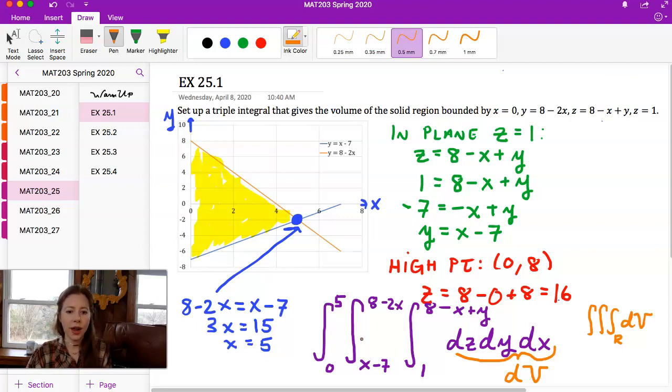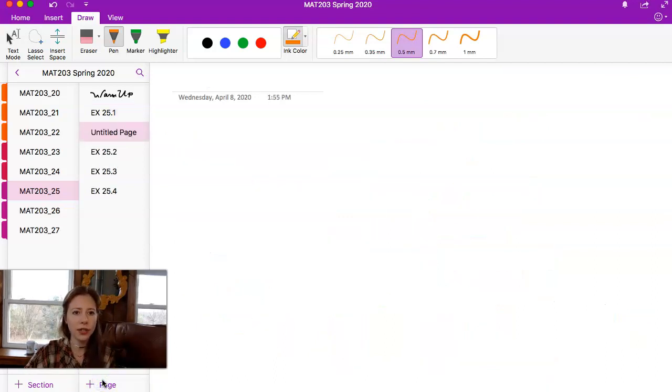Okay, so now we have set up our triple integral. And we are ready to evaluate it. So I'm going to open up a new sheet for this. And this is our exercise 25.1. And I'm just going to write our integral up top so that we can refer back to it.